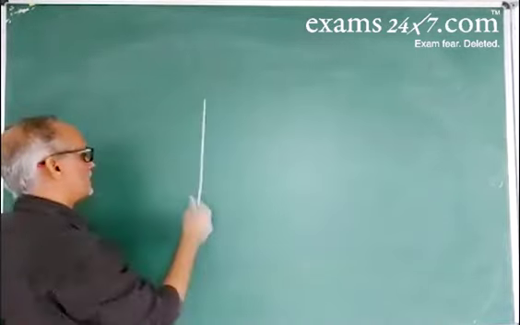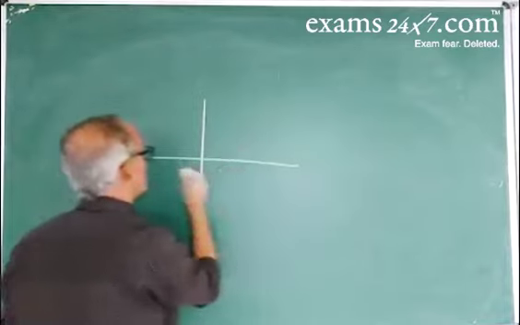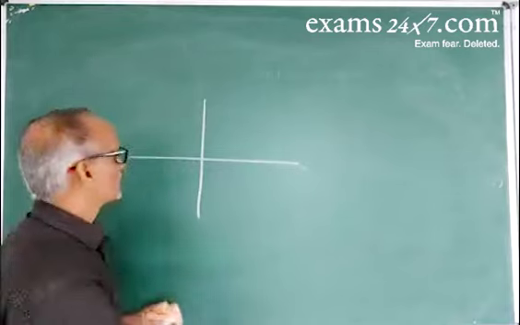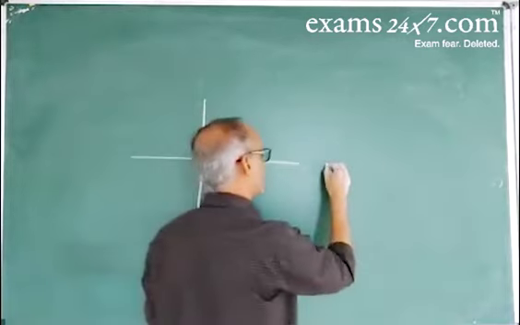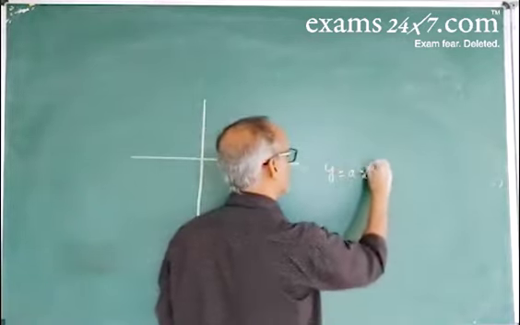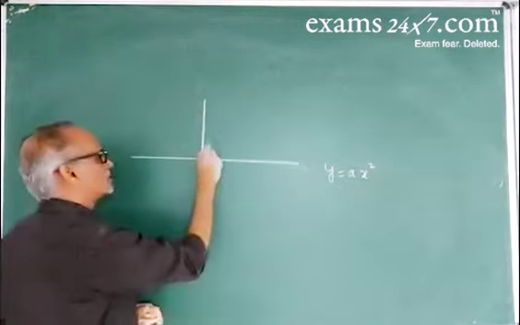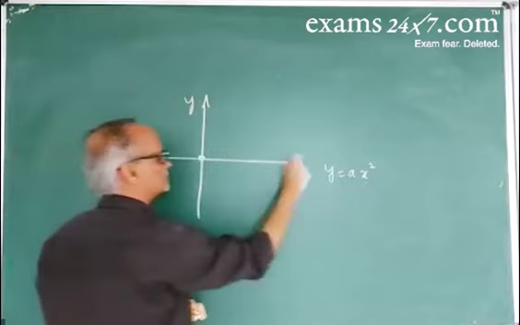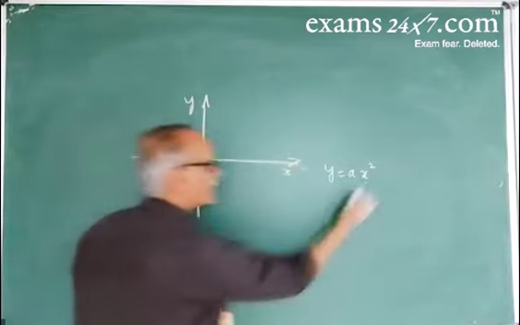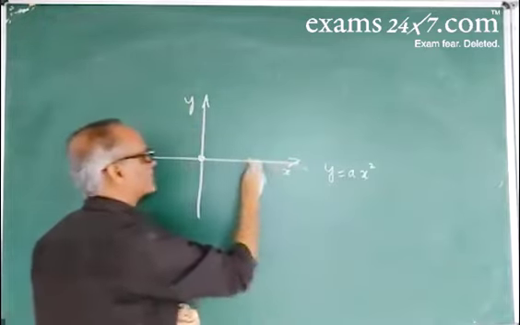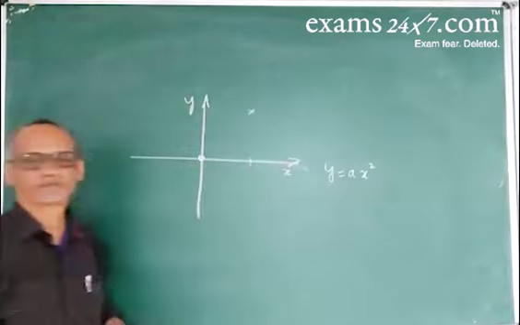The other set of graphs is where it's not a linear one. So we get equations of the format y is equal to x squared. When x is 0, y is 0, which is the origin. Now when x is positive, y is also positive, so let's consider a point somewhere here.